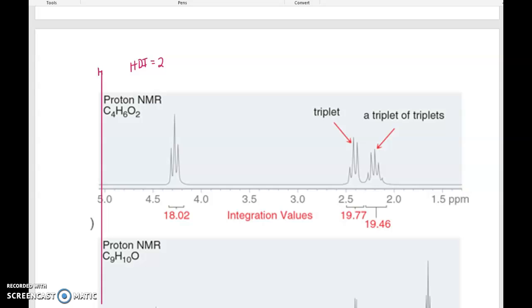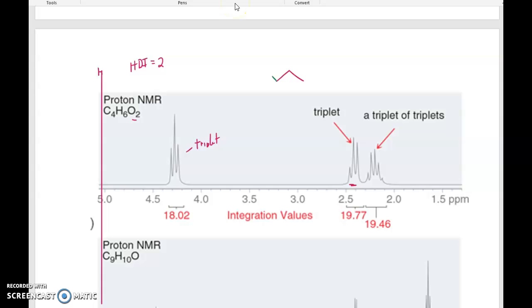So we've possibly got a ring, maybe a double bond. We've got 2 oxygens we need to consider. Okay, so we've got a triplet here, and a triplet here, and then a triplet of triplets. This indicates that we've got this structure.